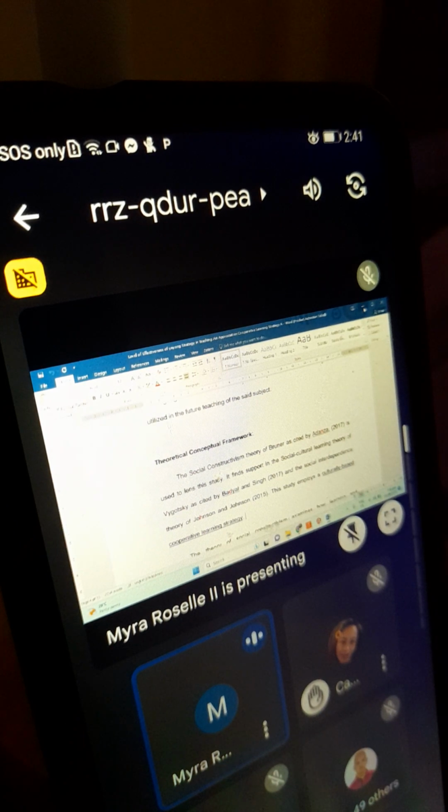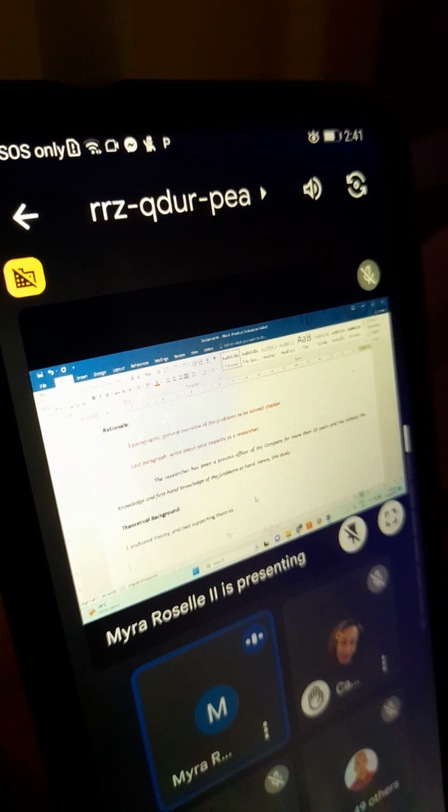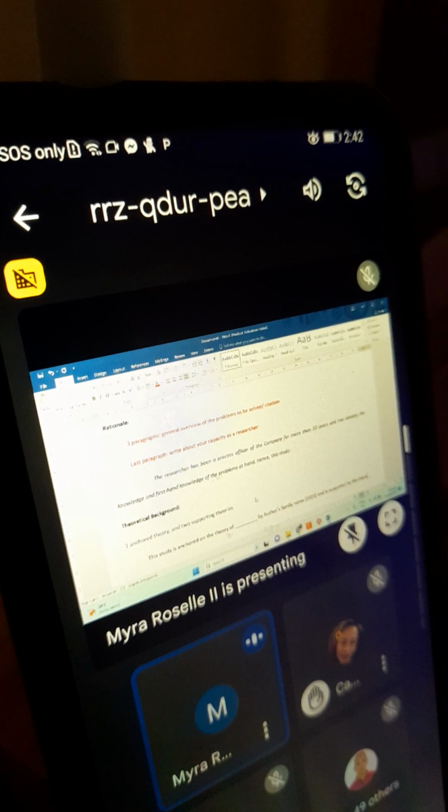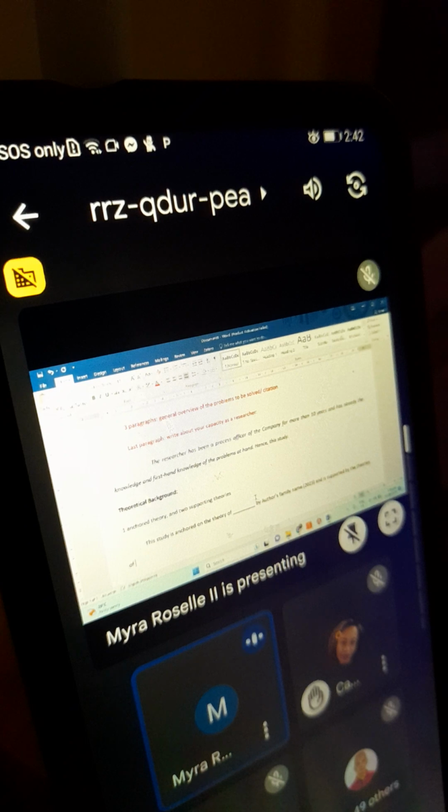So when you write your theoretical background, you can say, this study is anchored on the theory of, what theory, by the author's family name, open parenthesis, year, when the work was published, and is supported by the theories of the supporting theories.